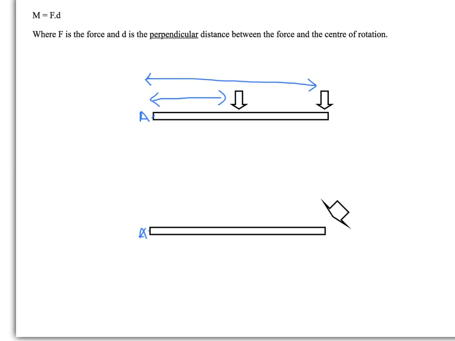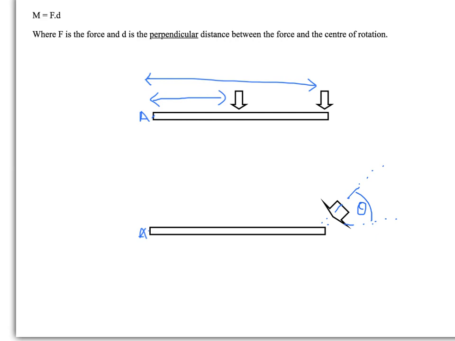So let's just mark in the lines. I'm going to say it's applied at this angle theta here. In order to think about perpendicular distances, we need to resolve this force into two directions.